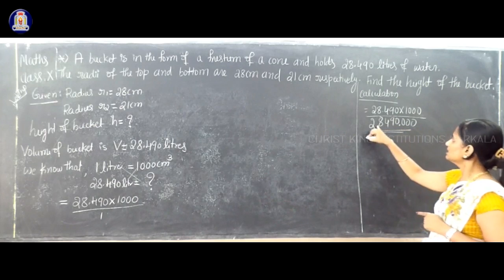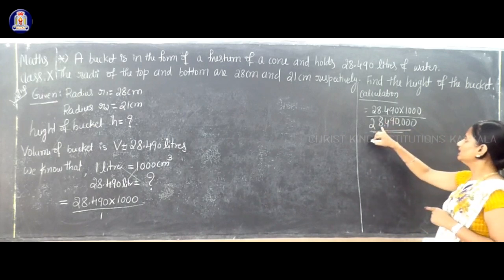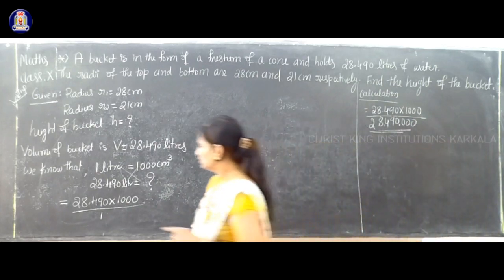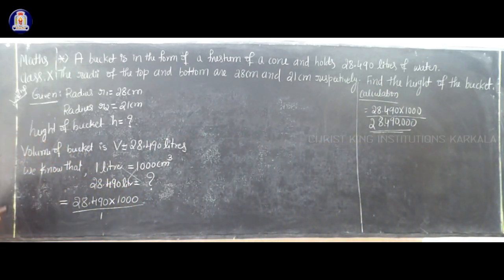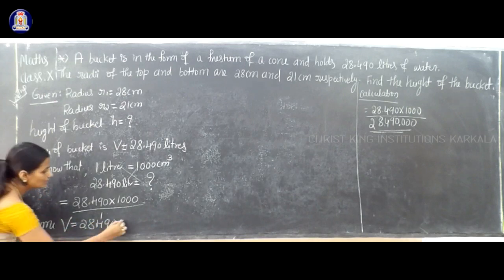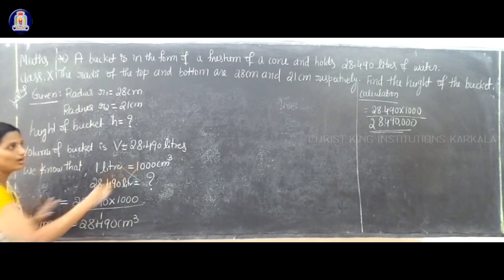Your answer is 28,490 centimeter cube. Divided by 1 means it is the same. So volume V is equal to 28,490 centimeter cube.